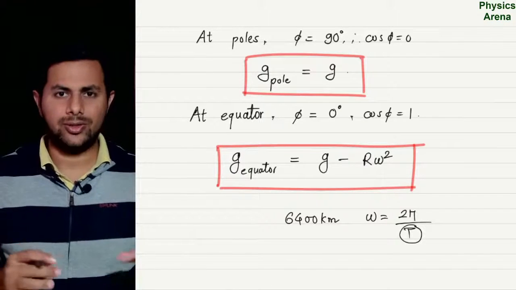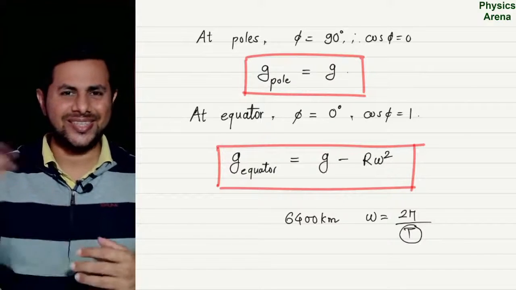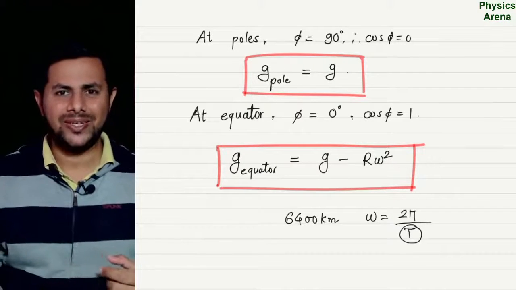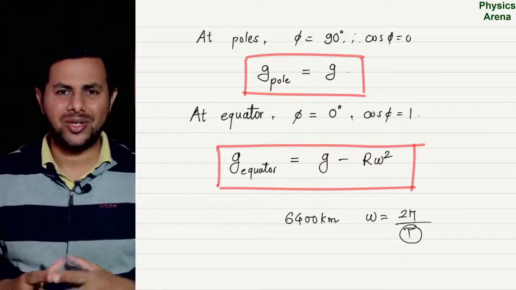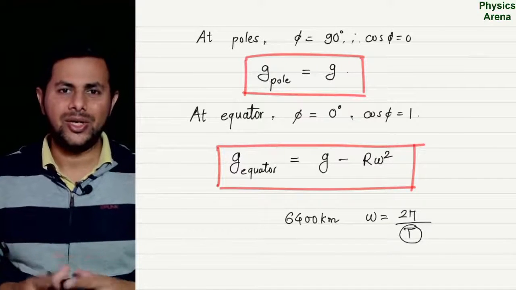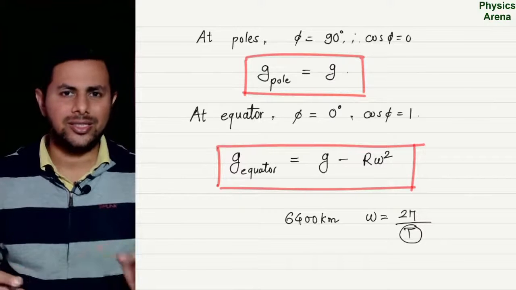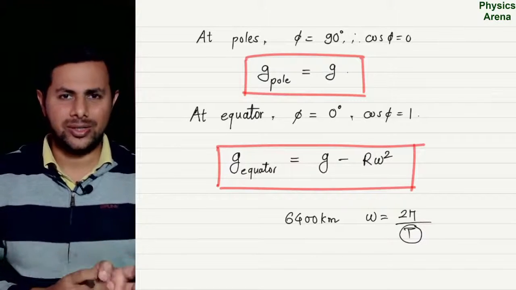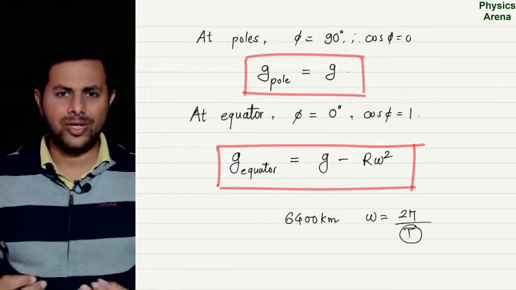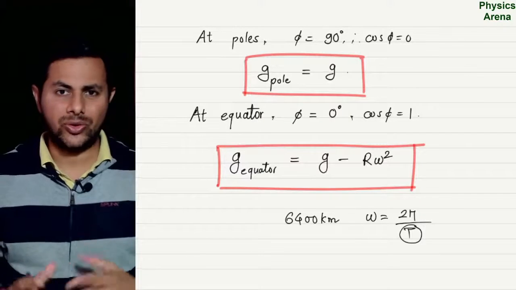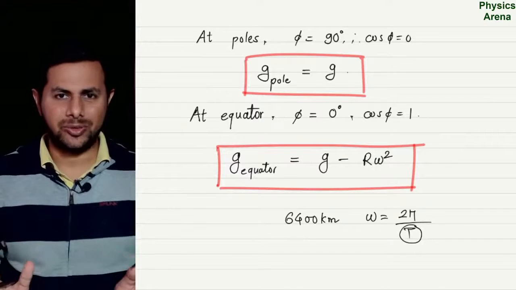There are hills like Mount Everest and valleys of comparable sizes. So Earth is not a uniform sphere, and that's why the acceleration due to gravity everywhere on Earth won't be the same. Every formula that we are talking about is an approximate formula because Earth is not a uniform sphere.